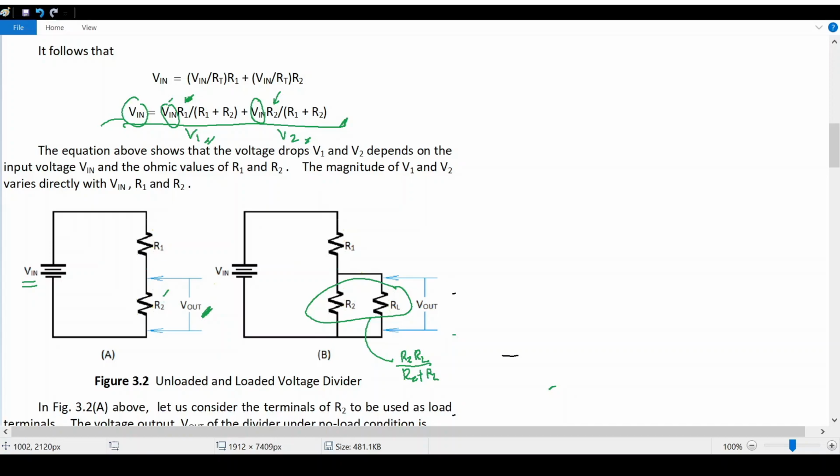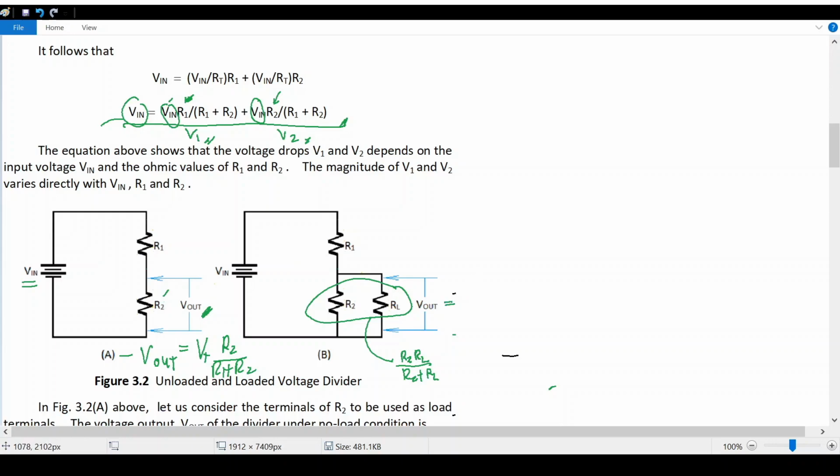If we connect the V out here, the V out is simply total voltage times R2 over R1 plus R2. That is without load. So we can obtain the voltage using this formula. What if we now connect a load across R2?